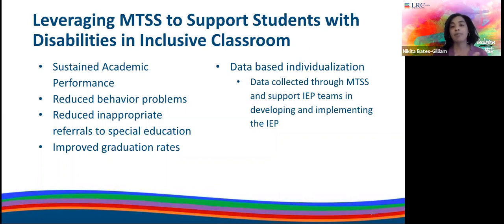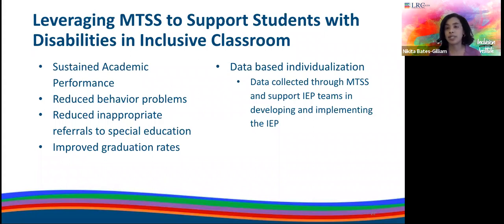Then they're also going to have a decrease in behavior problems because they are meeting the needs of their FBA that could be in place, or whatever is intentionally planned by the team that's supporting them. There's also a decrease in inappropriate referrals to special education, since this process of multi-tiered support systems is followed and the stakeholders who are in place are being involved. It's a meaningful process and they're planning with the intentional purposes of the students in mind.